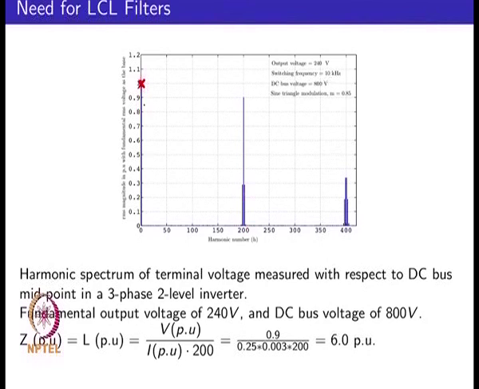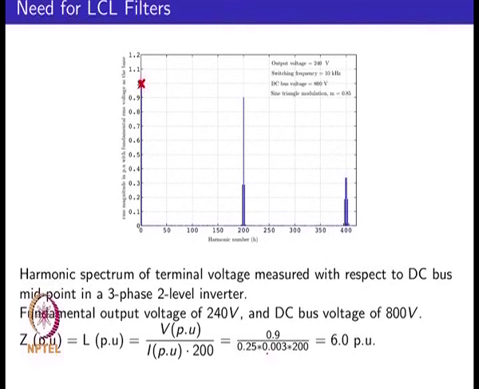If you then look at what the standards recommend, you would like the per unit value of your filter inductor to be equal to V per unit divided by I per unit that is allowable at the 200th harmonic. One thing to note is that the standards recommend even harmonics to be 25% of the odd harmonic limit.